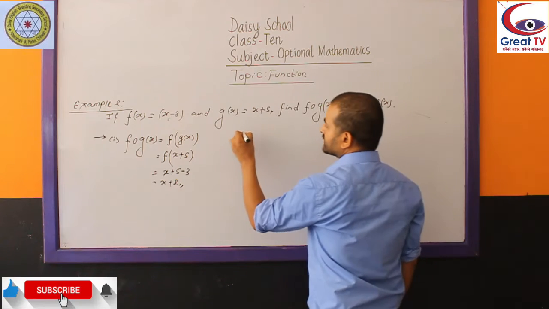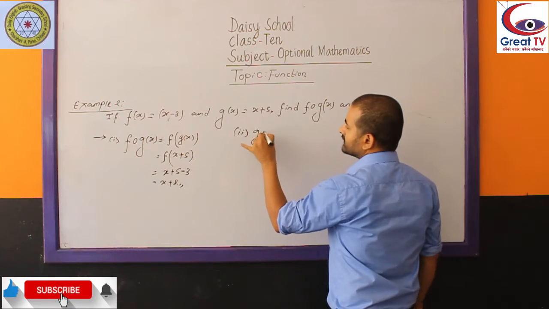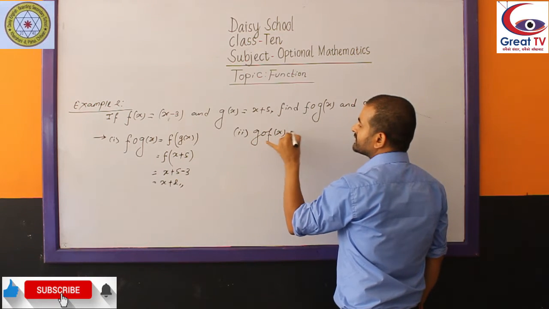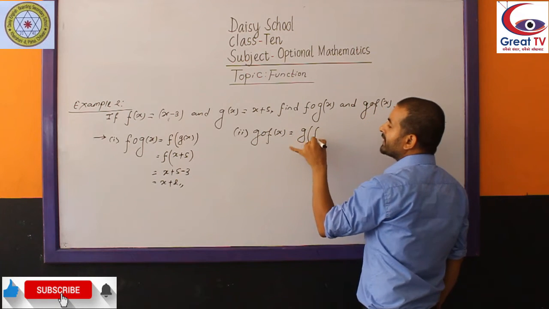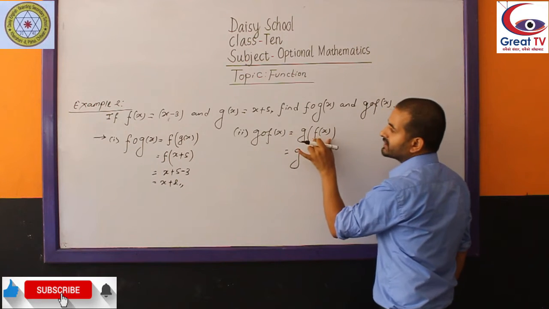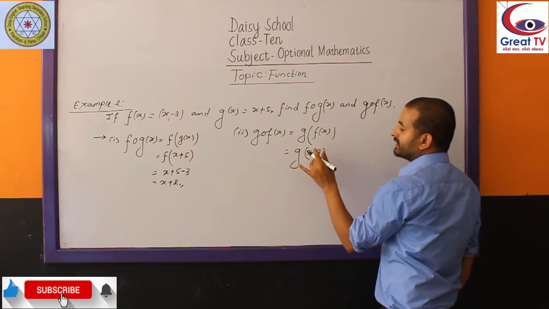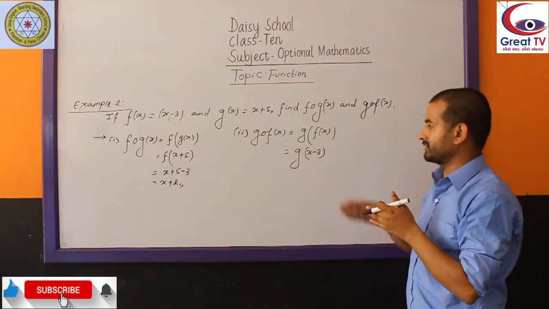Now again, second, g o f(x). The same is the case here. f(x) will be the input of function g in this case. Now f(x) is x minus 3, and x minus 3 is the input for function g.